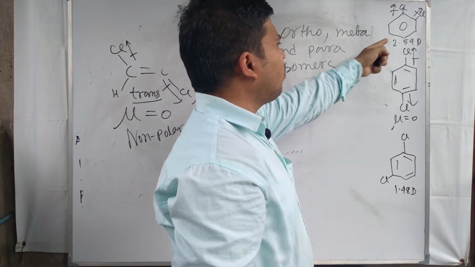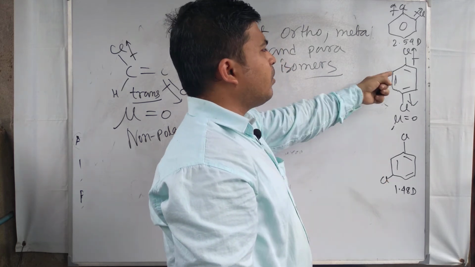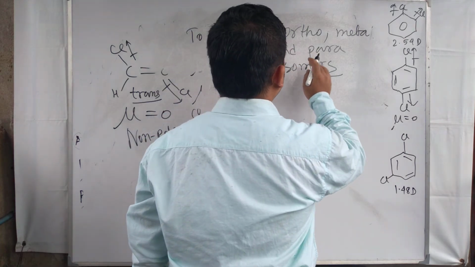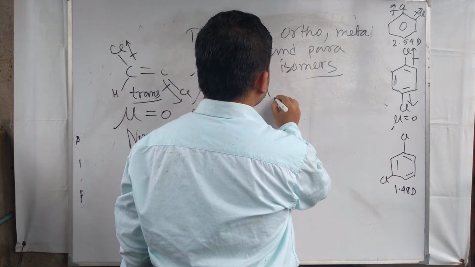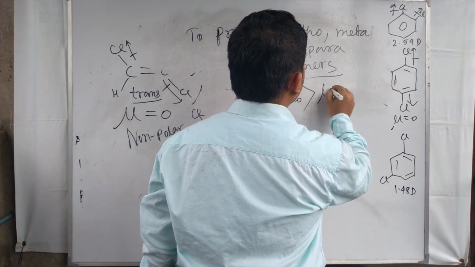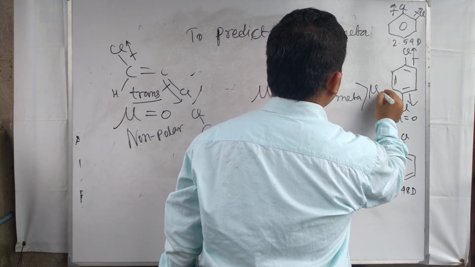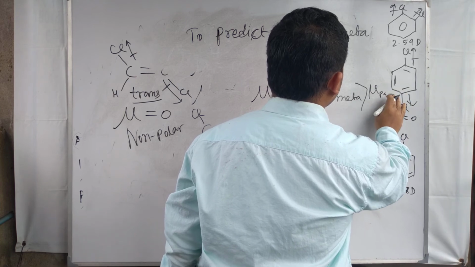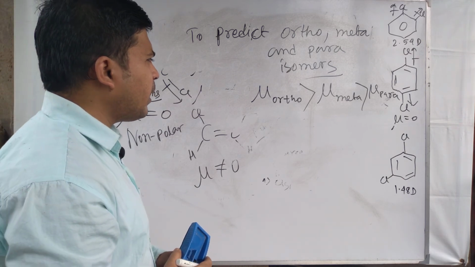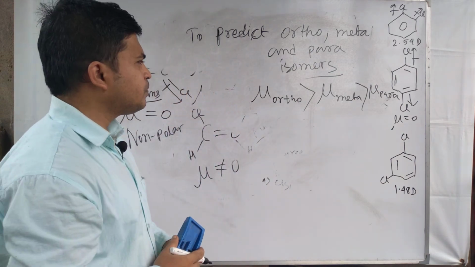So the dipole moment is more in the ortho isomer, then the meta isomer, and the dipole moment of the para isomer is 0. So mu ortho is greater than mu meta and then mu para. The dipole moment value of the para isomer is 0, whereas ortho and meta have some dipole moment value.